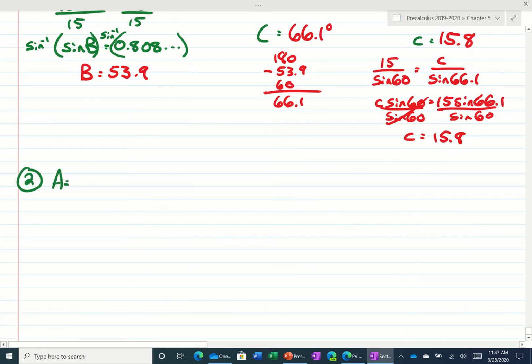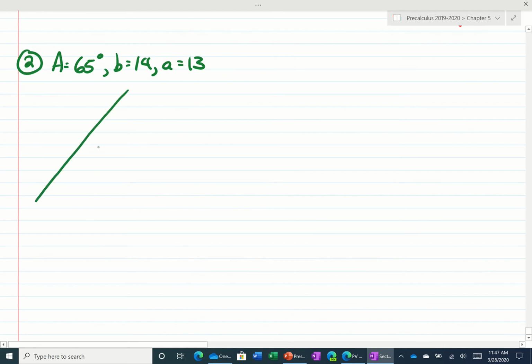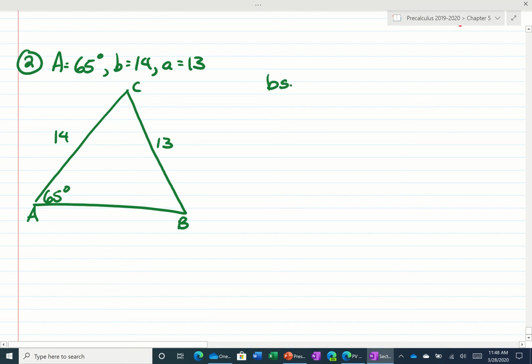What about if I told you angle A was 65 degrees, side B was 14, and side A was 13? Let's take a look at what this triangle would look like. First thing we always do is we find the height.